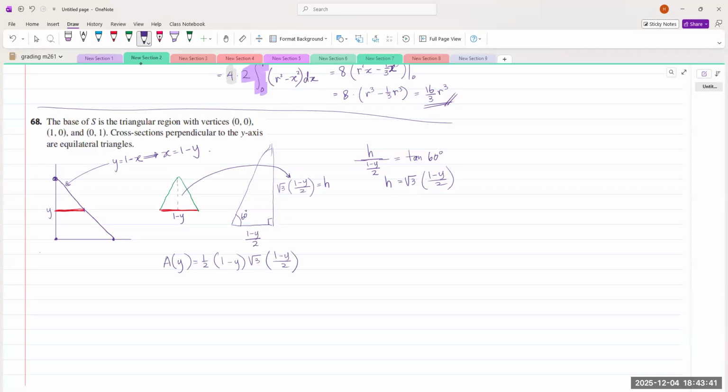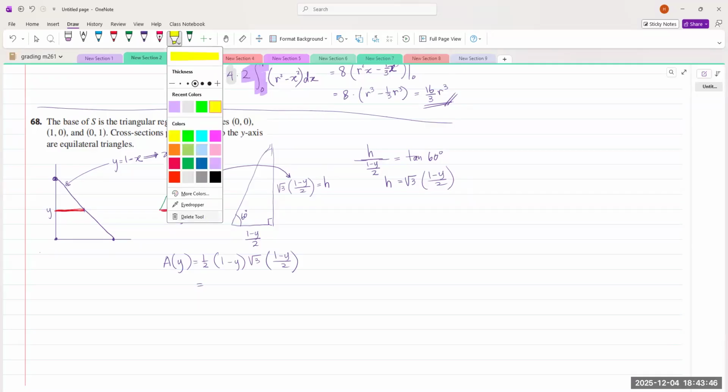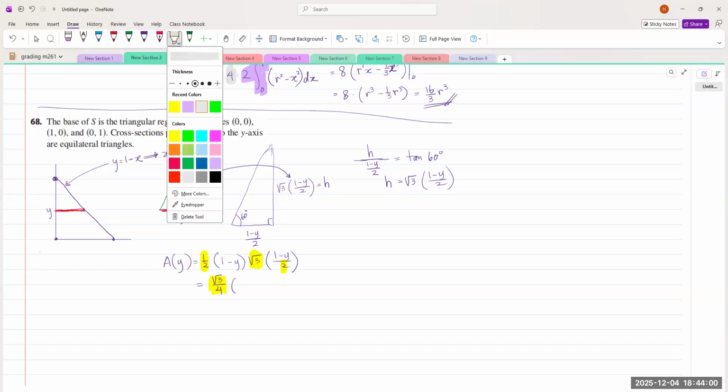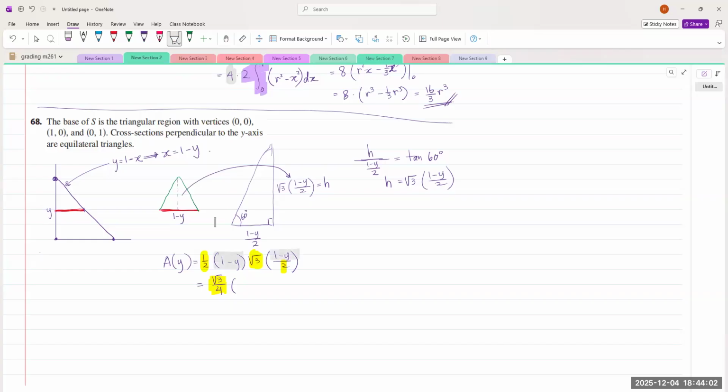Okay, which if we simplify, let's see, I want you to be able to see this. This guy, 1/2 times another 1/2 is 1/4, times radical 3 will give us radical 3 over 4, times this guy times this guy is 1 minus y squared, right?